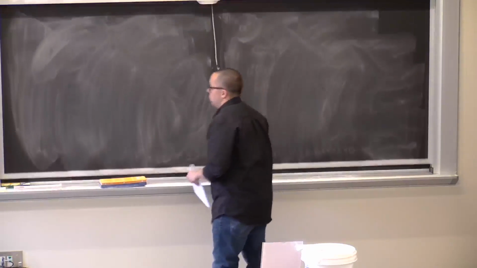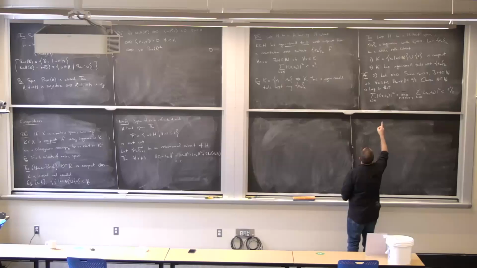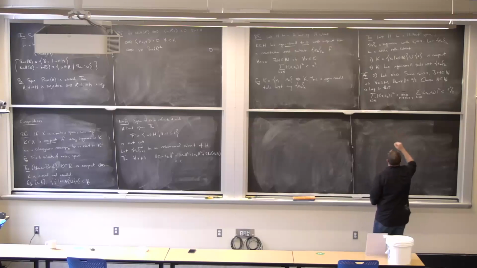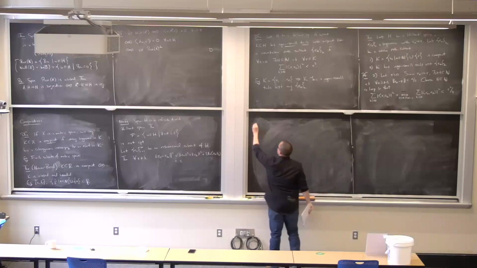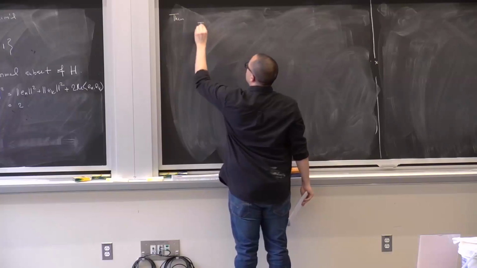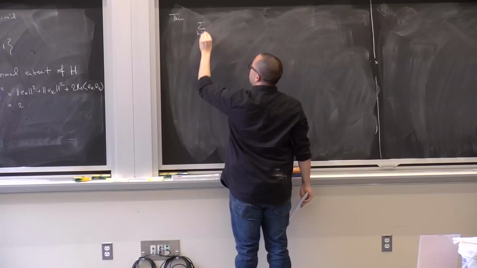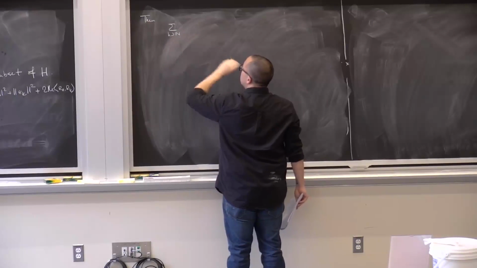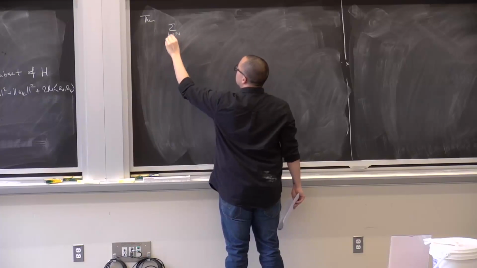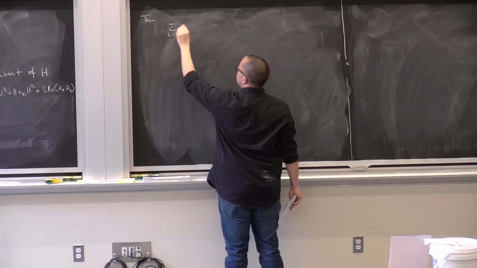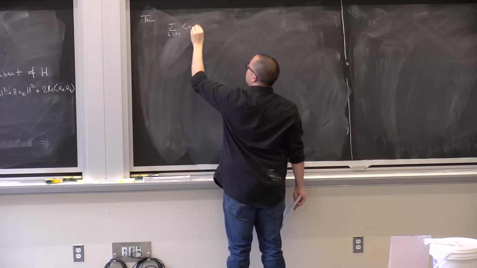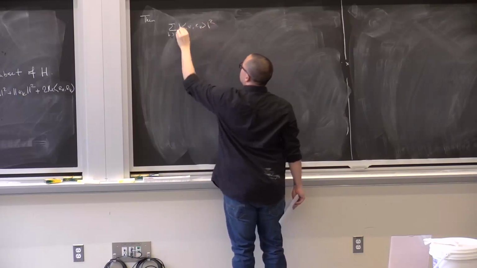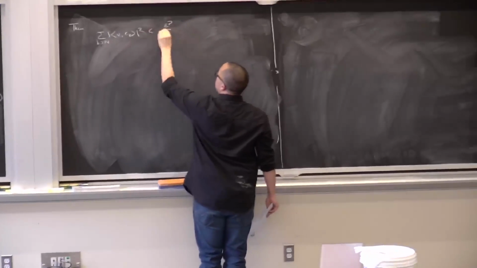Now I claim this capital N works, so I have to show that if I take any element in K, then it has a small tail. Then by how I've chosen N, the sum over k bigger than N of V ek squared is less than epsilon squared over 4.